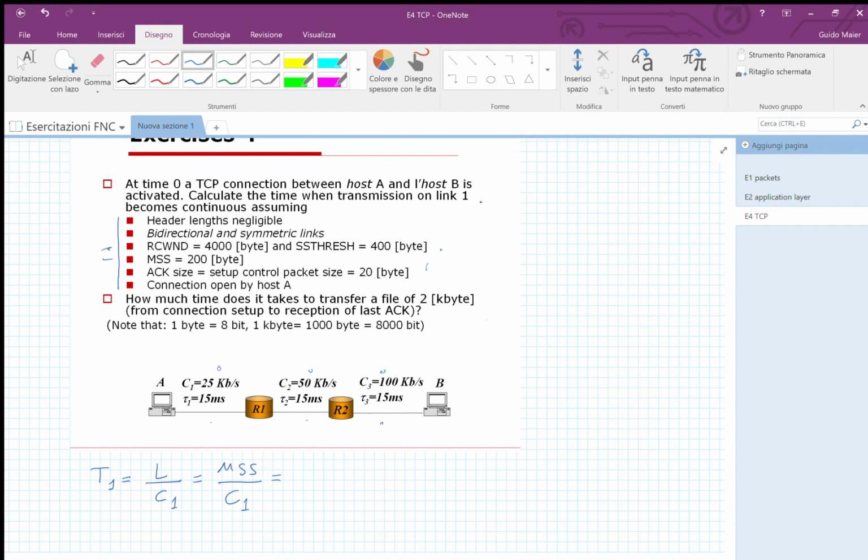Okay, so the length is 200 bytes, so we have 200 by 8 divided by 25 kilobit per second, divided by 25, the result is in milliseconds. 200 divided by 25 is 8, so we have 8 by 8, which is 64 milliseconds.